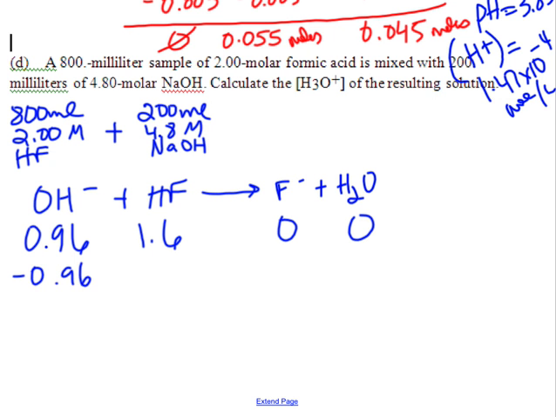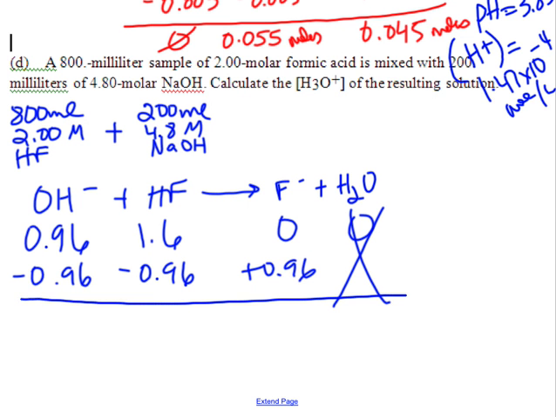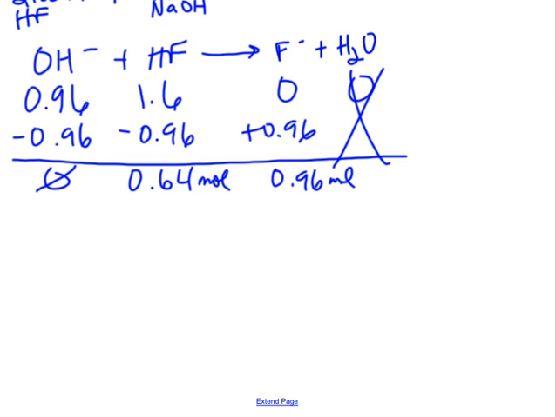He runs out. Then we do plus 0.96. So we have none of him left over, but we have 0.64 moles of HF left over and 0.96 moles of F minus created. All right.